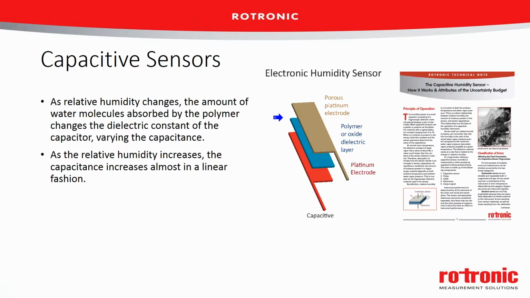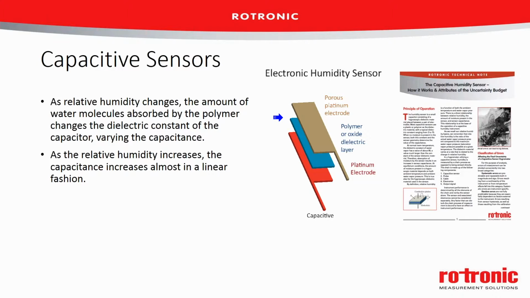As that water vapor permeates into the sensor, the capacitance of the sensor itself changes, and it's that capacitance that we're measuring with the electronics and then converting into a relative humidity value. As the capacitance increases, that's indicating a higher relative humidity.